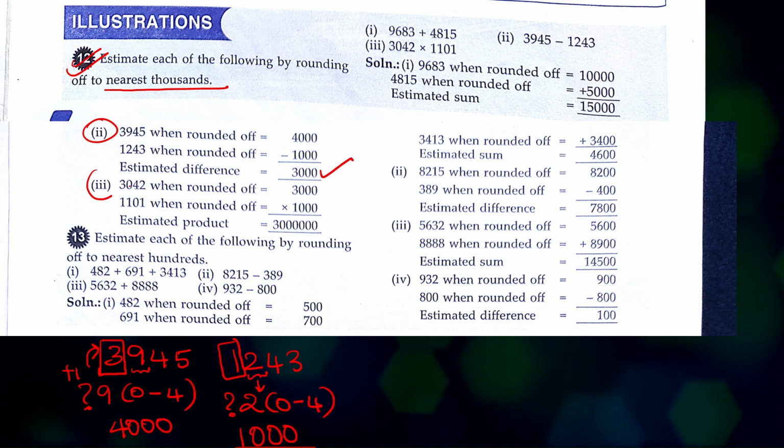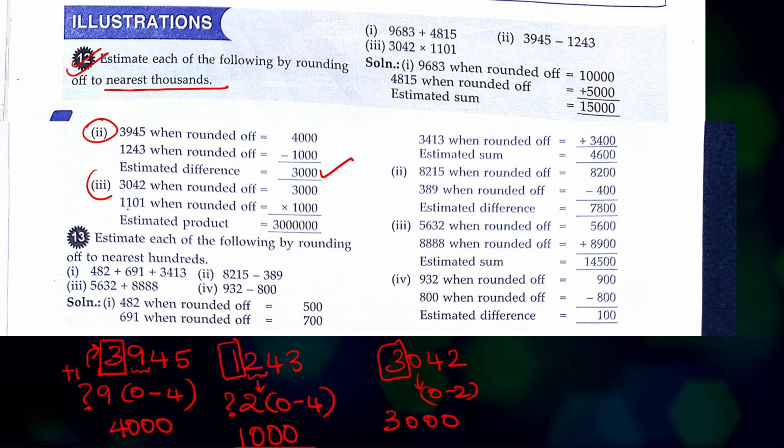Now the next question is 3042 when rounded off to the thousands. The digit next to 3 is 0, which is in the range of 0 to 4. So you will not add plus 1, you will keep the 3 as such and then fill in the zeros.